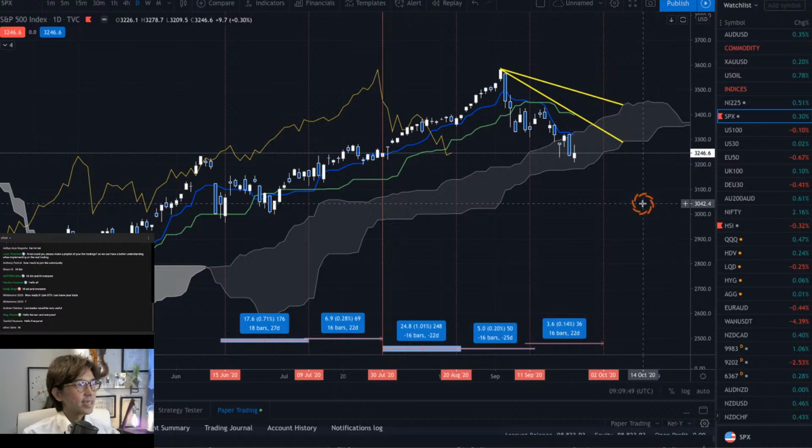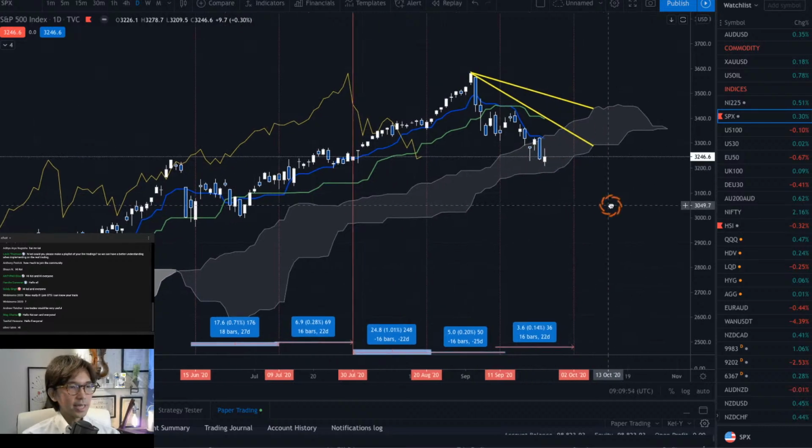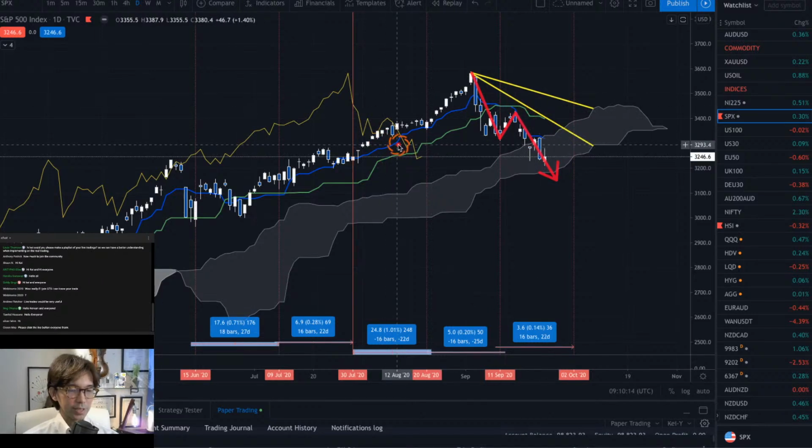Good to see you. So yeah, this is the S&P 500 and this is a daily chart. The daily chart shows that this is downtrending on this reverse N wave now. More precisely, this is an N wave like this, and the price is going down this way. And Tenkan and Kijun Sen have a dead cross, and the Chikou span is below the candles.